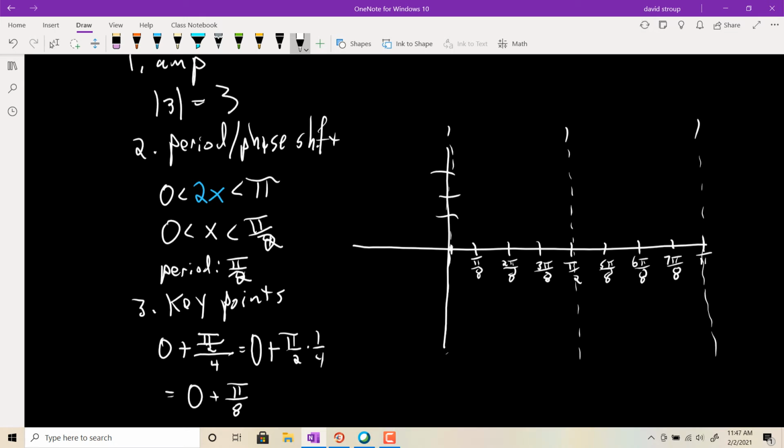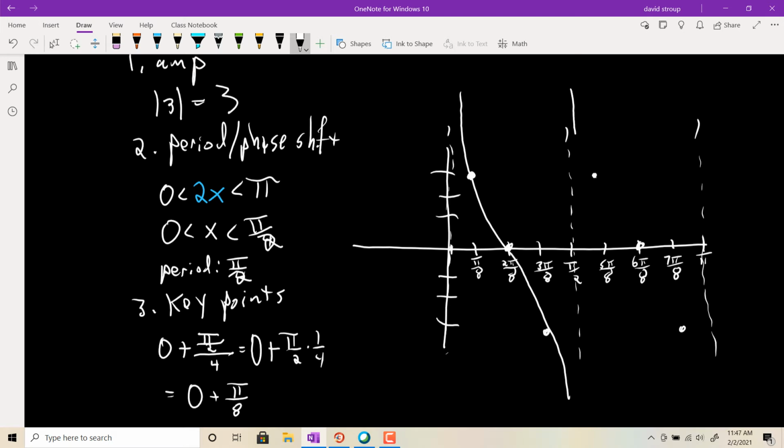And then we need our key points. Remember, cotan starts out positive and then goes negative. So positive, 0, negative, and it's parabola shaped up, followed by parabola shaped down.